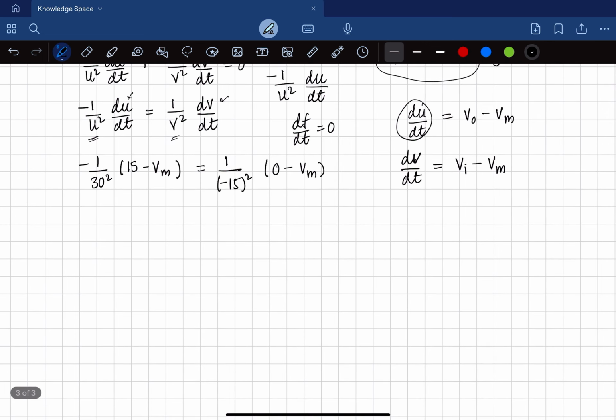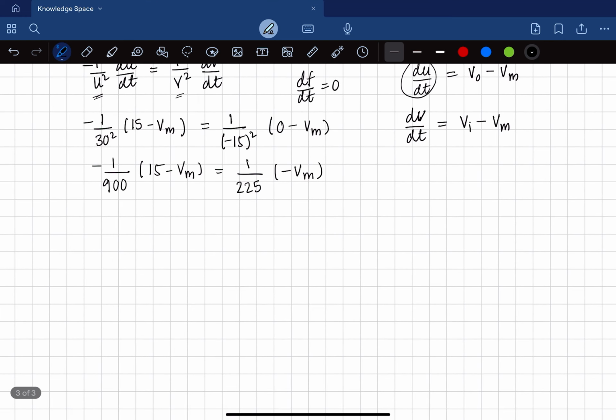And yeah, so let's simplify this. So 1 over 900 times (15 minus Vm) and 1 over 225 is negative Vm. Okay, so actually I made this way harder than it has to be.